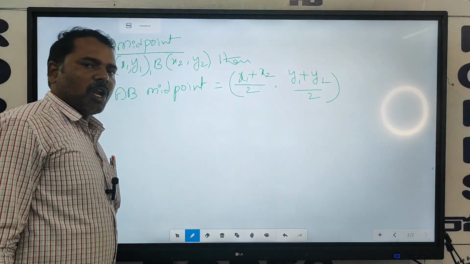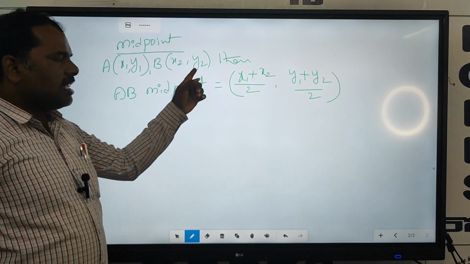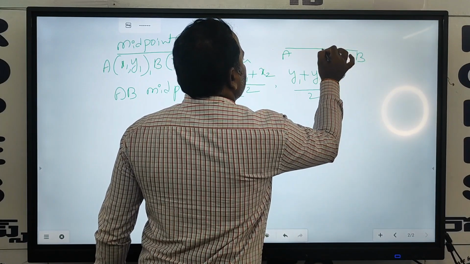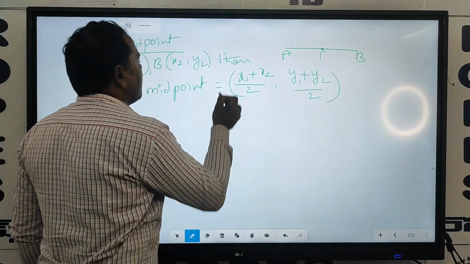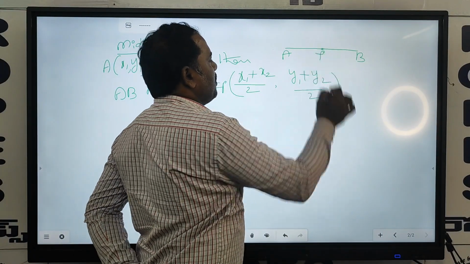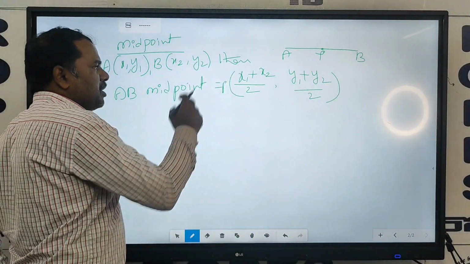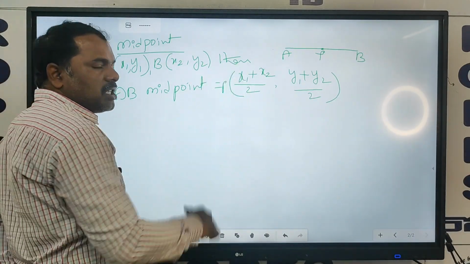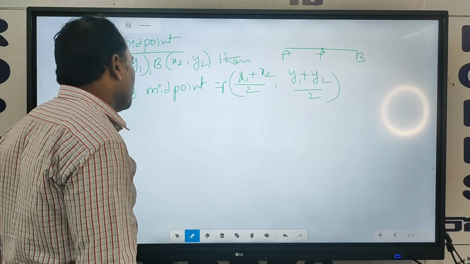This is the midpoint formula. So it is x1 y1, it is x2 y2. So what is the point between A and B? If it is a midpoint P, then AB midpoint P is (x1 plus x2) by 2 comma (y1 plus y2) by 2. This is the midpoint formula.